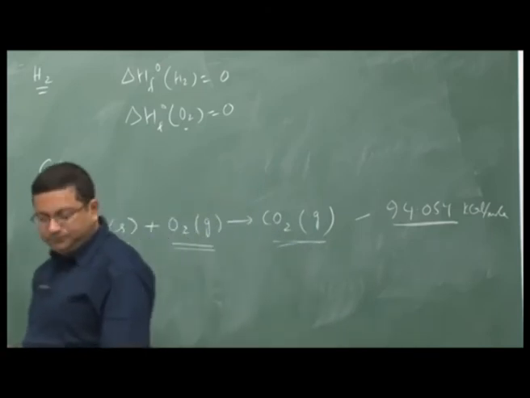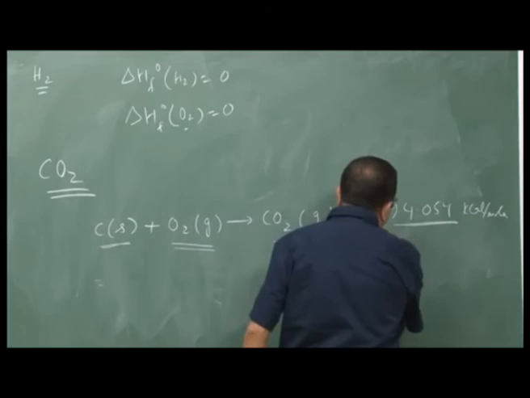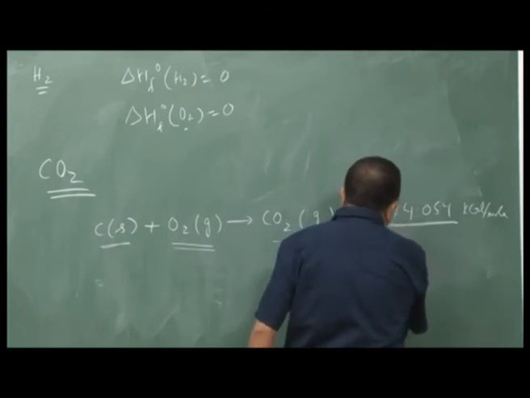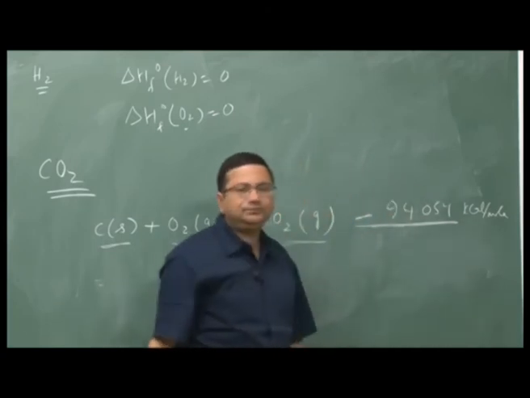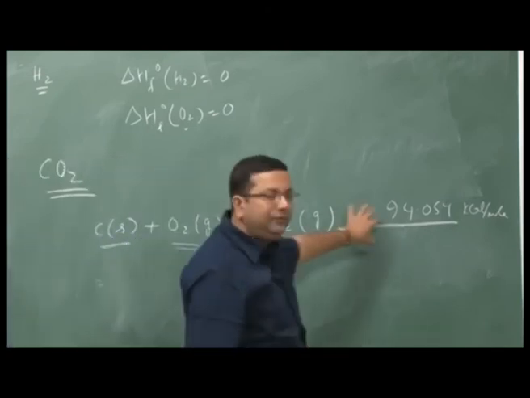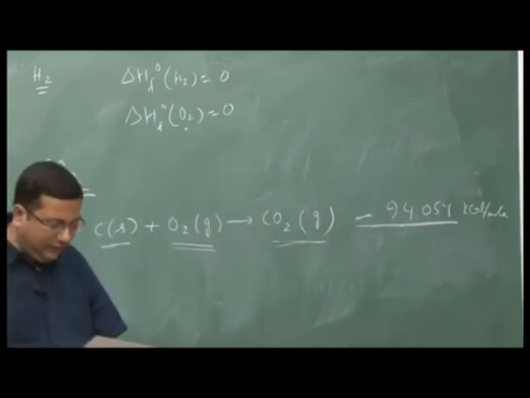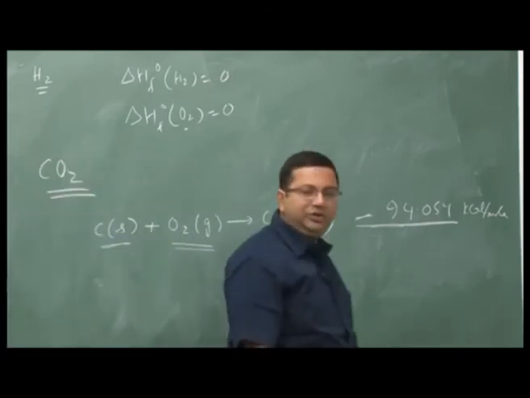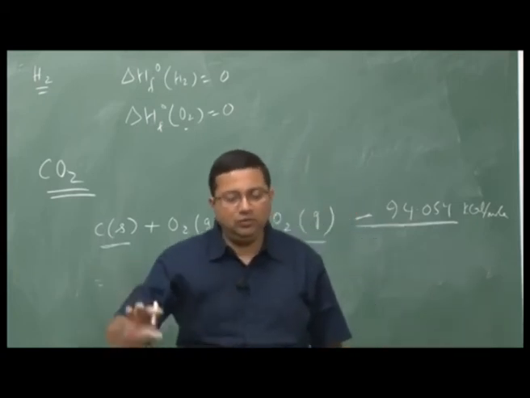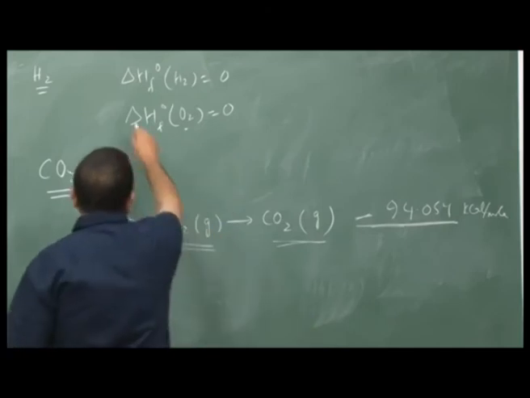Okay. Now, another convention, here we see that this is negative. This heat of formation is coming with a negative value. So, the convention says that when heat is evolved in the formation of a compound, that is, heat is coming out because of the chemical reaction, then delta HF is negative.